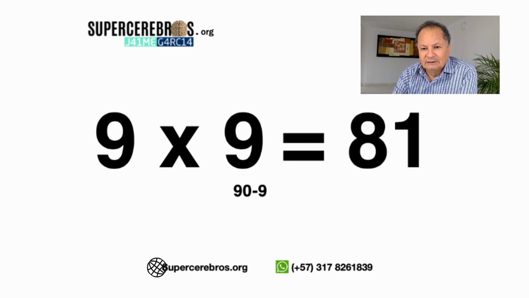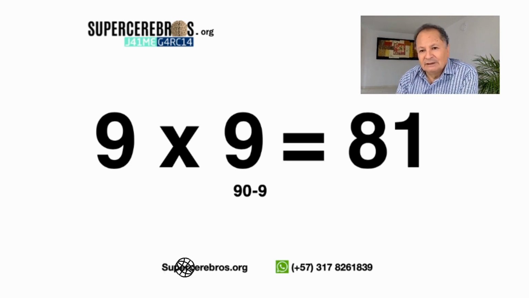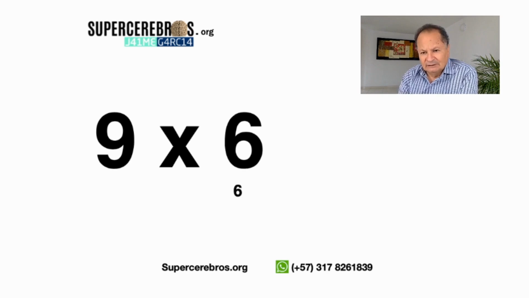Look, with this method, I have for the multiplication table, the child is going to use addition and subtraction a lot and will develop a mental agility, right? And if they master addition above all, they won't have any problem with any other operation. It would be 60 minus 6.